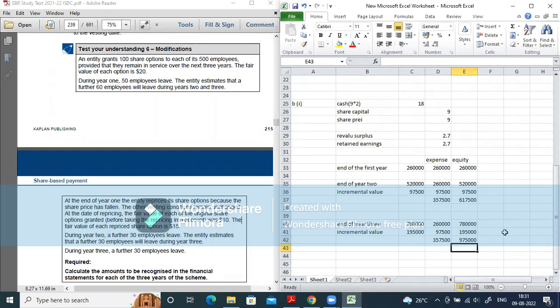So this is for modifications. Any question? Any query, participants, on this?